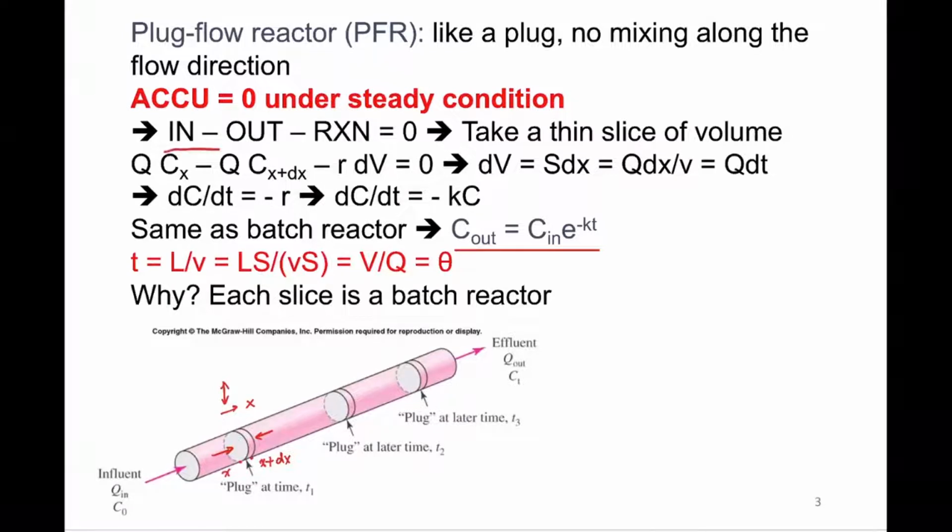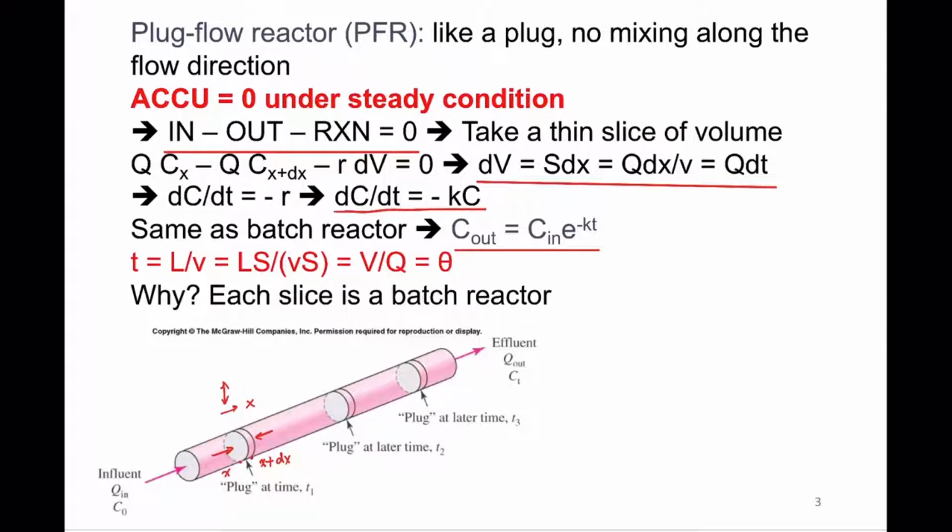Because it's under steady state, we have in minus out minus reactions equal to 0. Using properties of the flow, such as the surface area, we can derive that the concentration decreases at a rate proportional to the concentration. This is a typical first order reaction, and it's why we get the exponential term: the outlet concentration C out is equal to C in times exponential of minus KT.